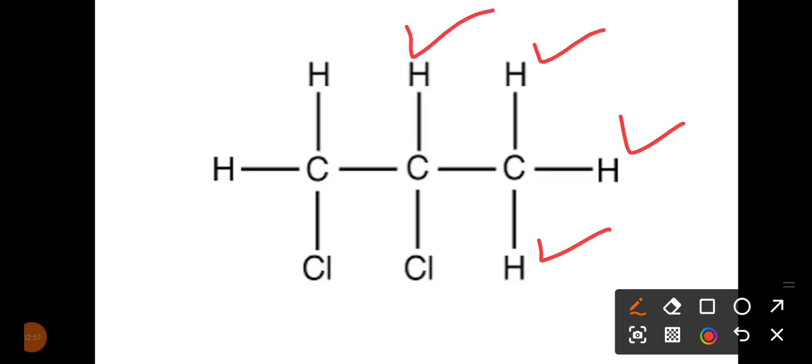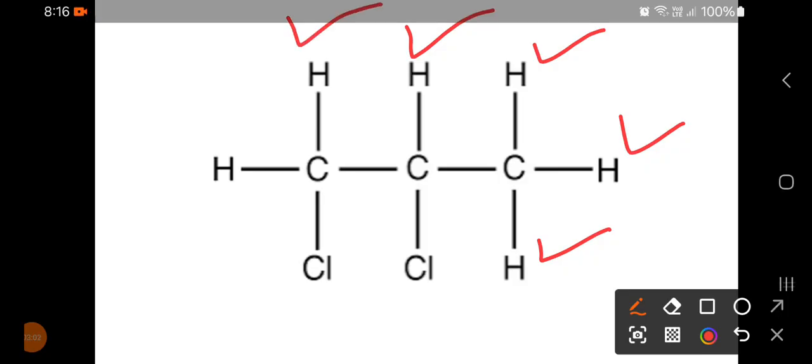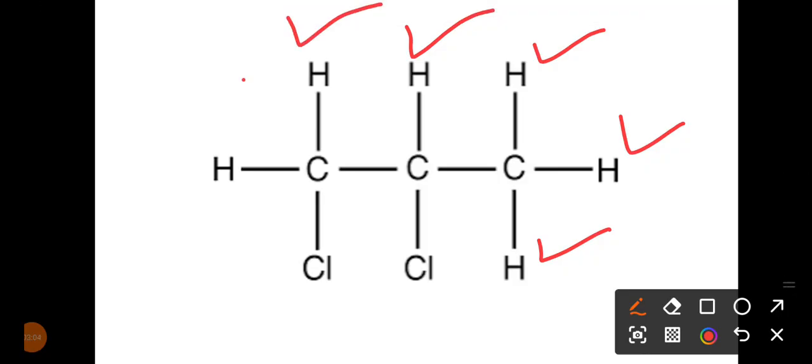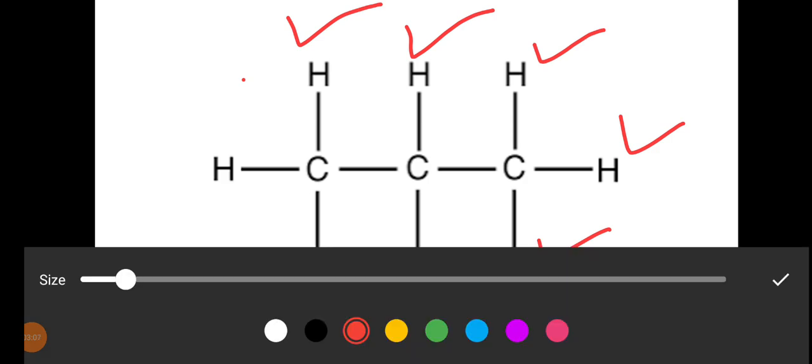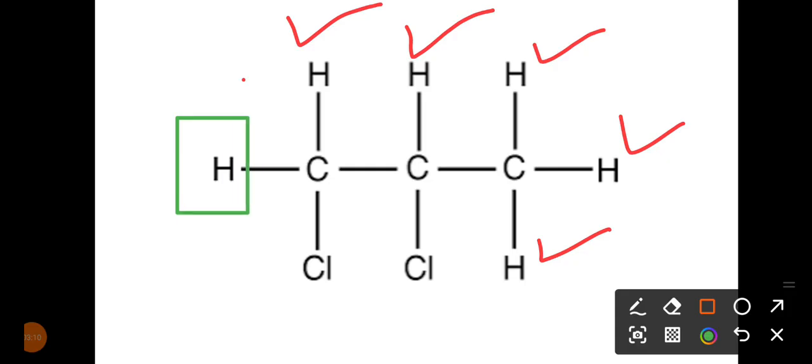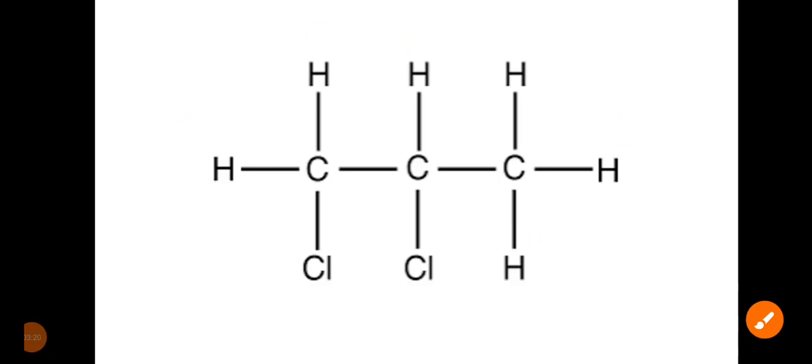This hydrogen also gives one peak, and this one gives another peak. So there are 3 peaks, and this hydrogen, specifically this one, gives a different signal because it is closer to the chlorine group. So in this structure you get a total of 4 signals.